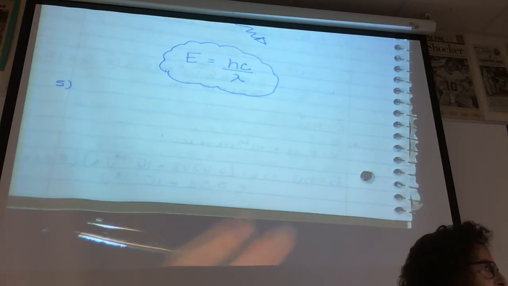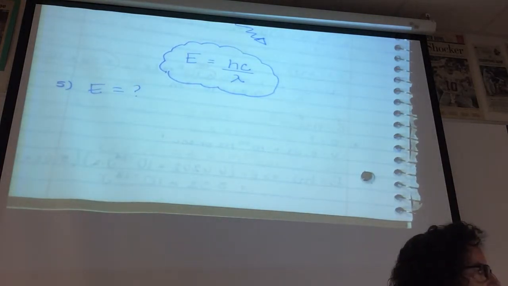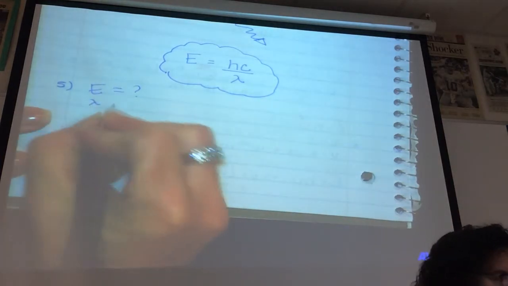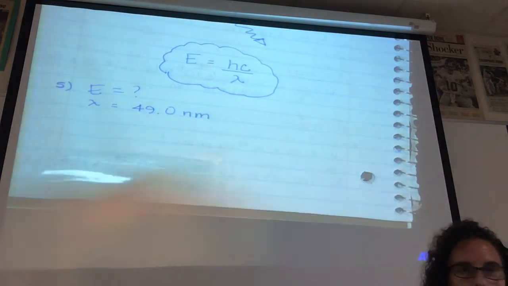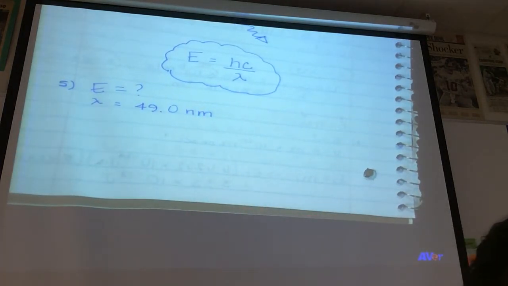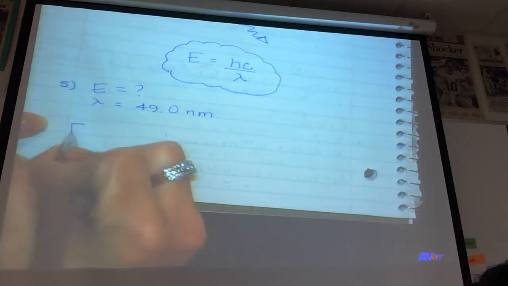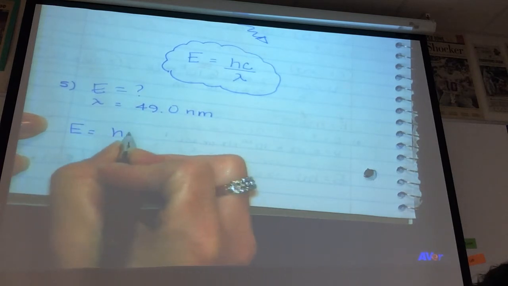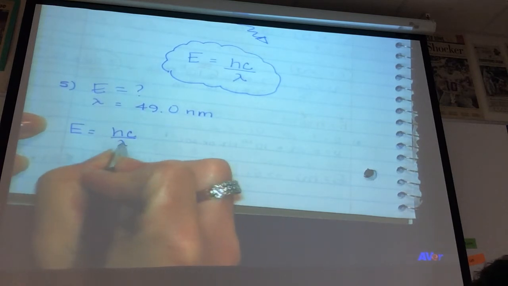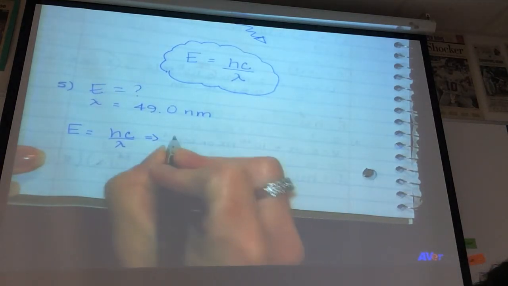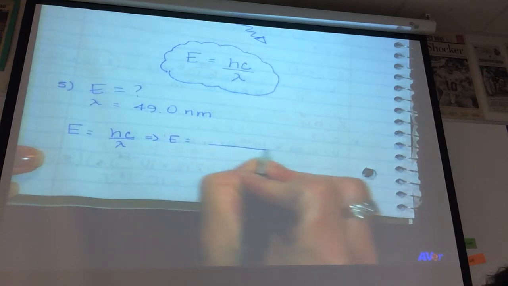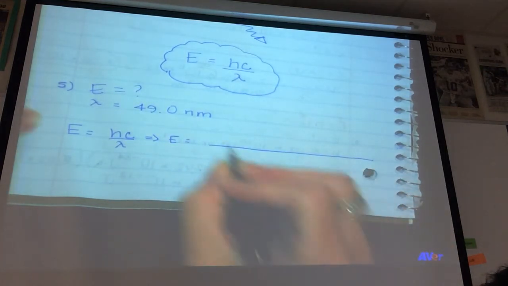Number 5 says calculate the energy of a photon of UV light with a wavelength of 49 nanometers. We know that energy is equal to Planck's constant times the speed of light over the wavelength. I'm going to substitute now, or just plug in.